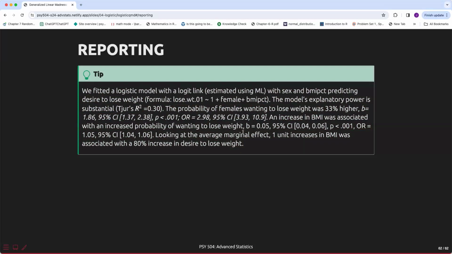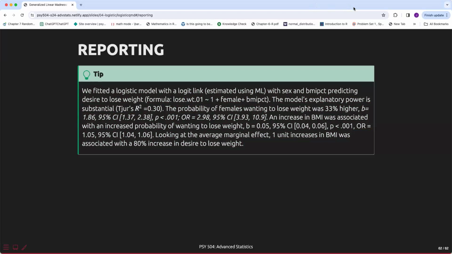And then I said, looking at the average marginal effect, the 1 unit increase in BMI was associated with an 80% increase in desire to lose weight. So this is just a little example of how we should write up our results for a logistic regression. The textbook chapter also has a sample write-up of a logistic regression that I would look at for the lab on Wednesday. So with that, that is all that I have, just right on time.